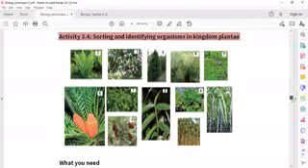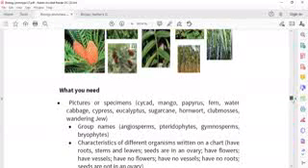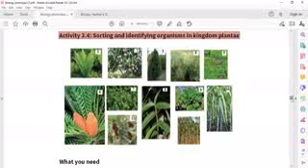Can you kindly identify for me from the shared screen the pictures that represent pteridophytes? Yes, Tendo? Cypress tree in number 3.